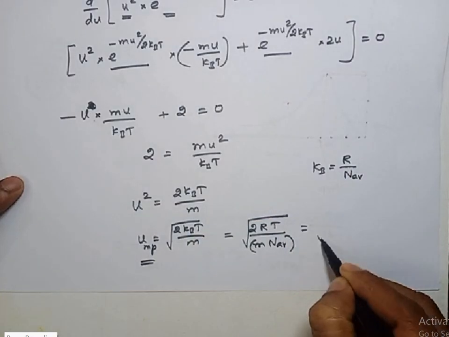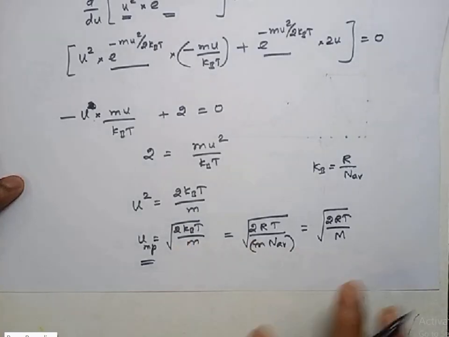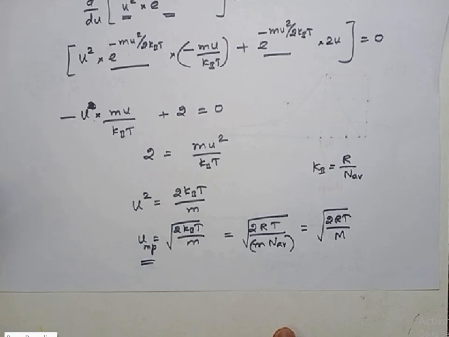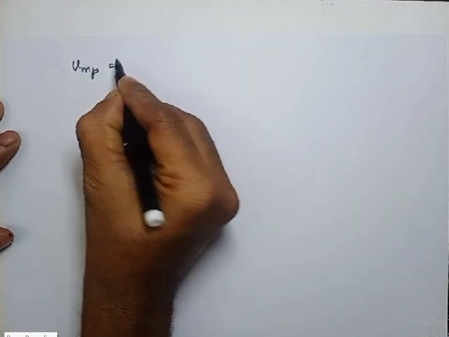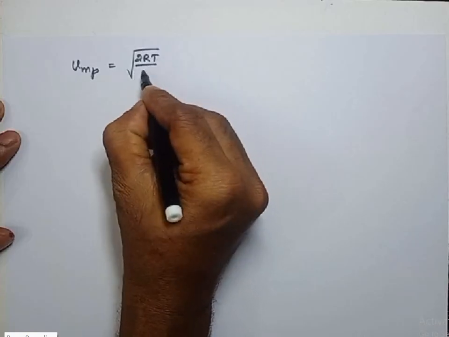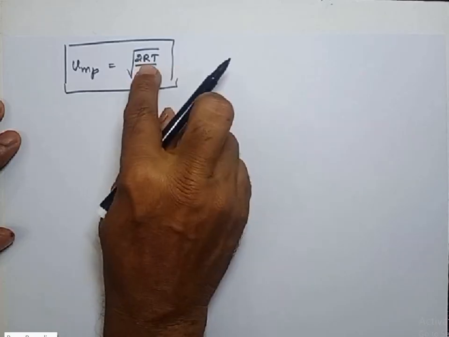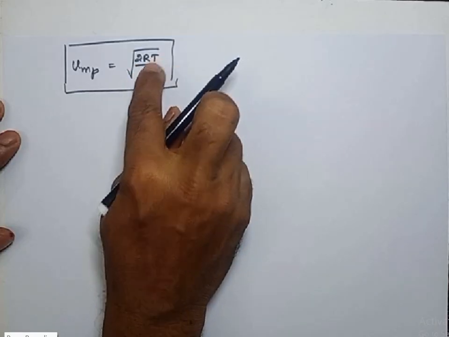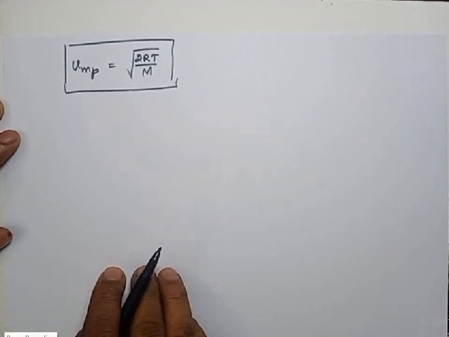So this is equal to square root of 2RT by capital M. This is what we call the most probable velocity. Take the note: the formula for most probable velocity is UMP equal to square root of 2RT by M, where R is gas constant, T is temperature, and M is molar mass.